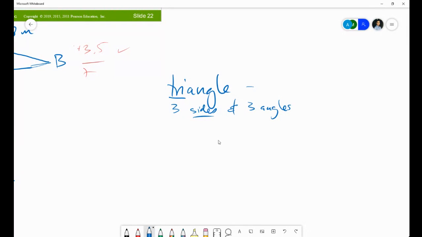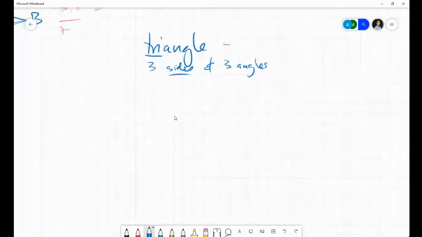Okay. Now, this is the very most basic definition. In different coordinate systems, what we are learning right now is called the Cartesian coordinate system, where you have x here and y here.